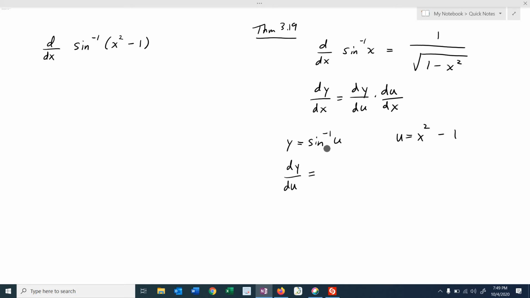So the derivative of arcsine of u with respect to u is 1 over the square root of 1 minus u squared. Then we can replace the u, since it's equal to x squared minus 1.